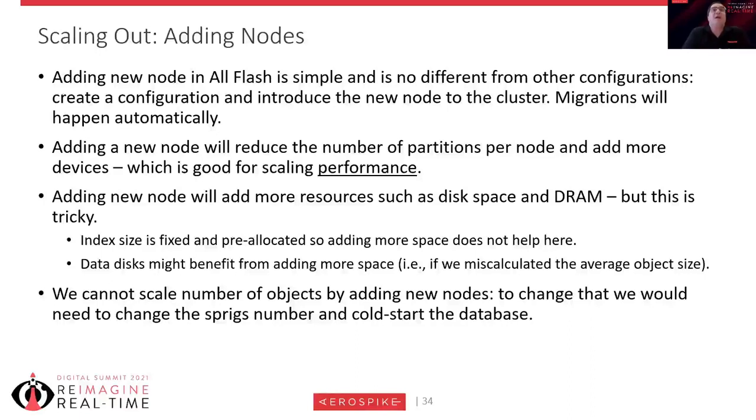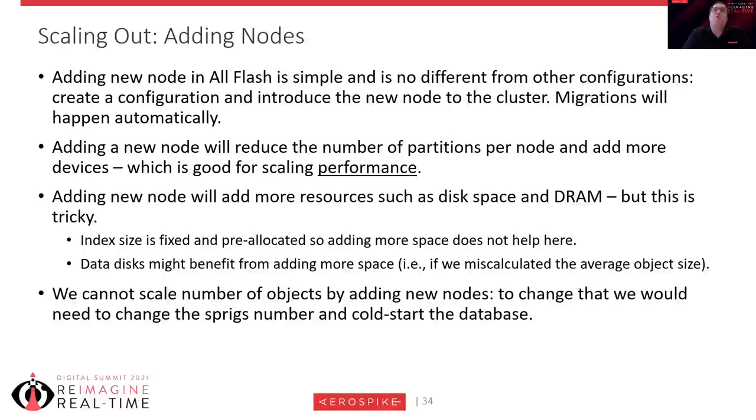Whenever we need to scale out a cluster, we need to remember one important thing. Adding a node to all flash is simple and is no different from any other configuration. Adding a node to a cluster would mean that we now distribute the index across more nodes in the cluster. Migration will happen automatically and the index will be created automatically.